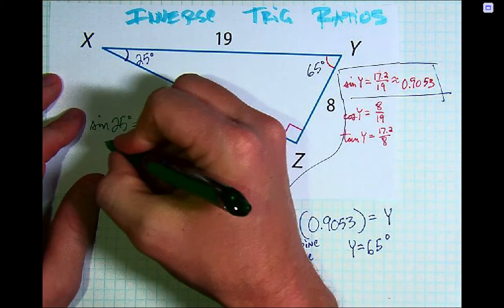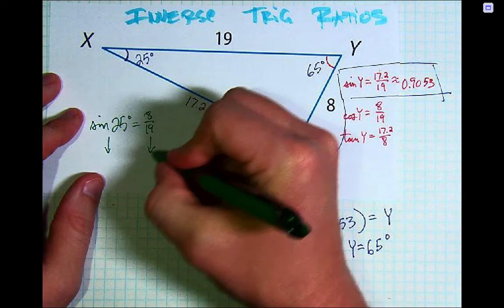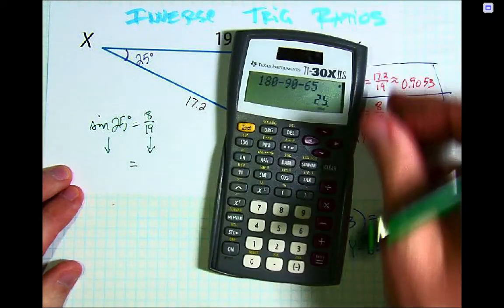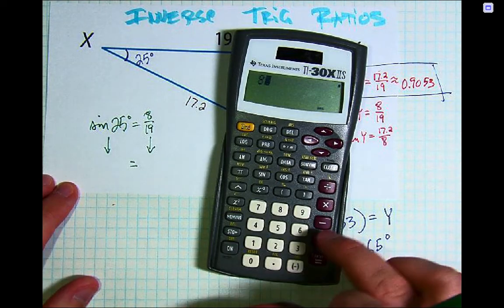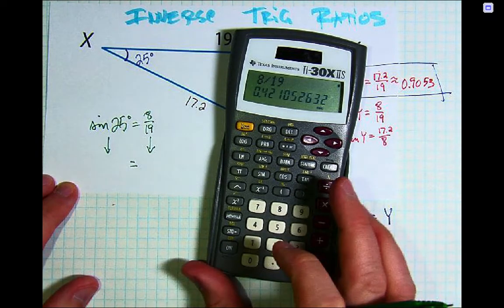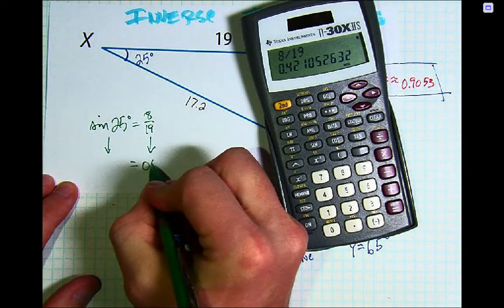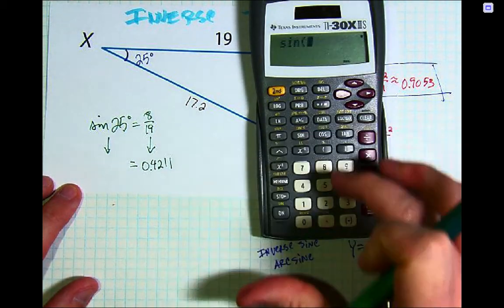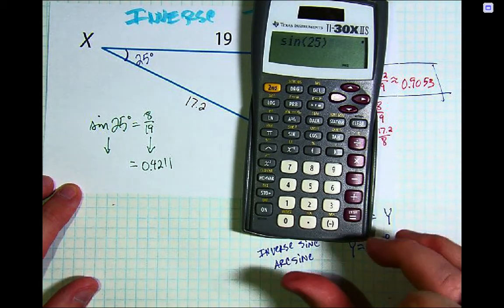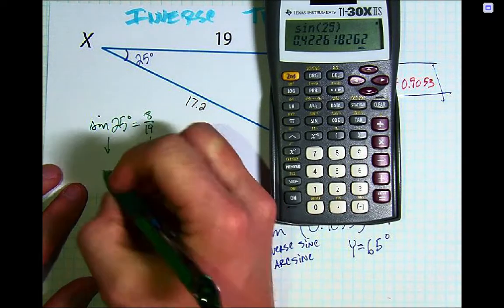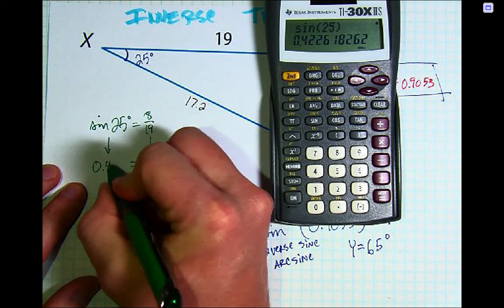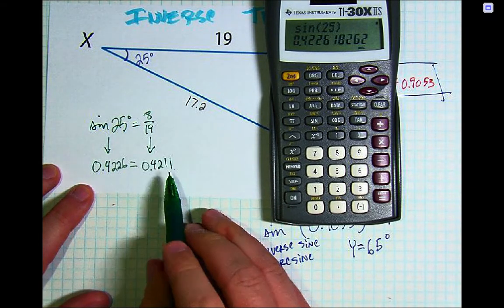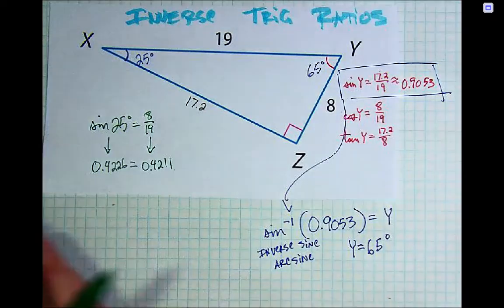So let's calculate this on my calculator and see if we did it right. 8 divided by 19 is about 0.4211 roughly, and the sine of 25 degrees is, well, okay, is it precisely correct? No, but is it close enough? Yes.